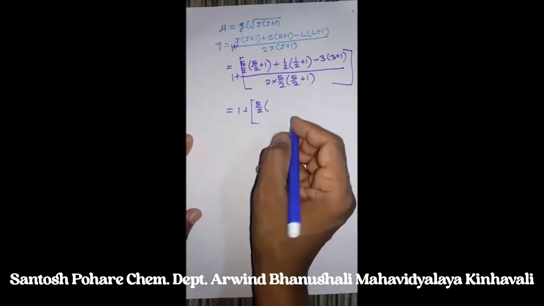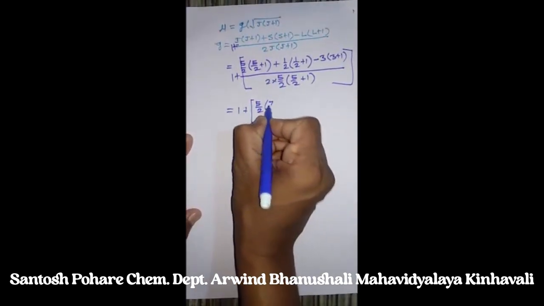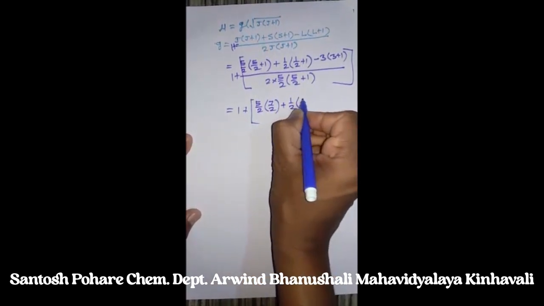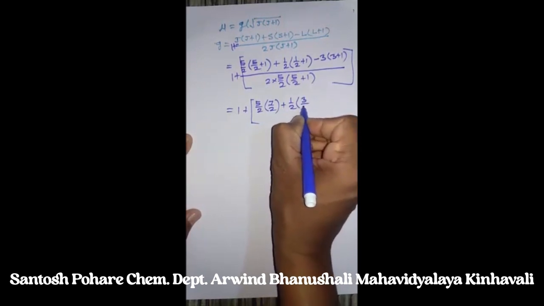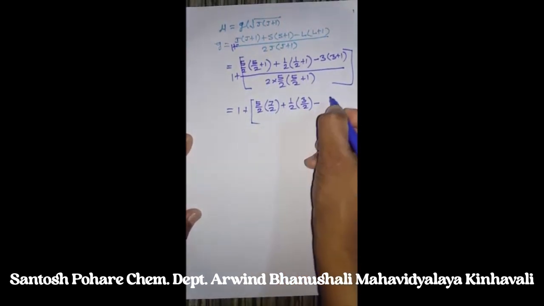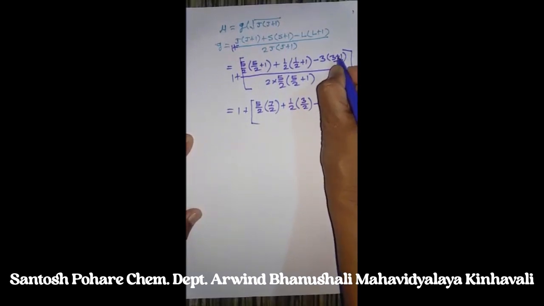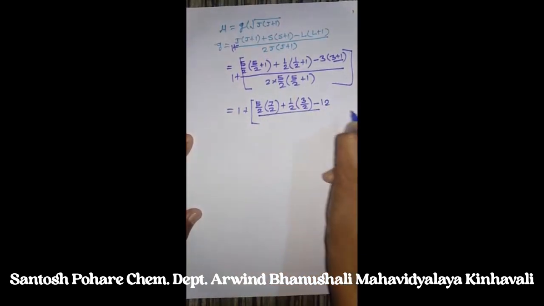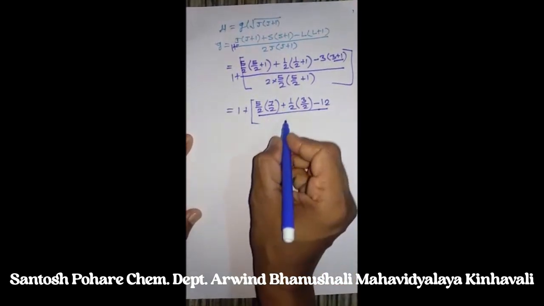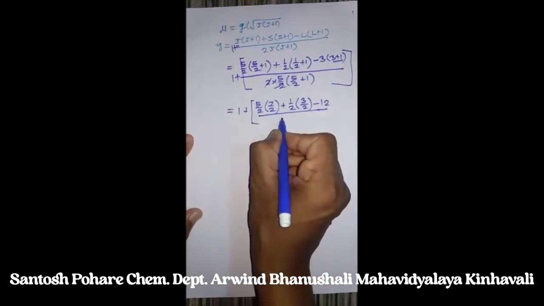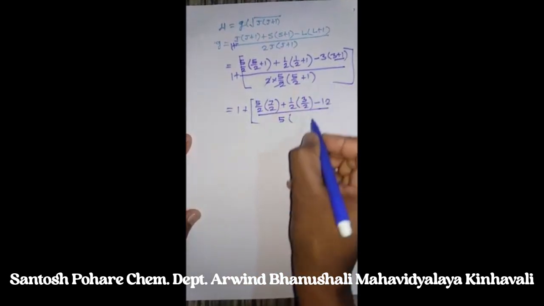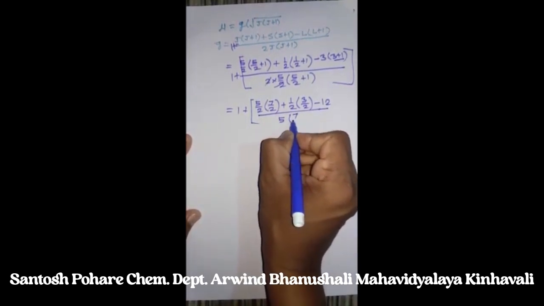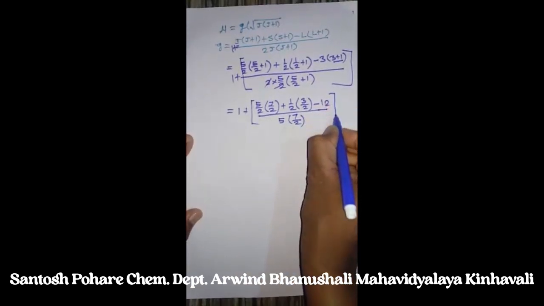If we solve this first bracket, then we get 7 by 2 plus 1 by 2 into 3 by 2 minus, what is 3 into 3 plus 1, 4, and 4 into 3, that is 12, whole divided by, so 2 gets cancelled, and here 5 into, what do we have, that is 7 by 2, right, when we simplified it.